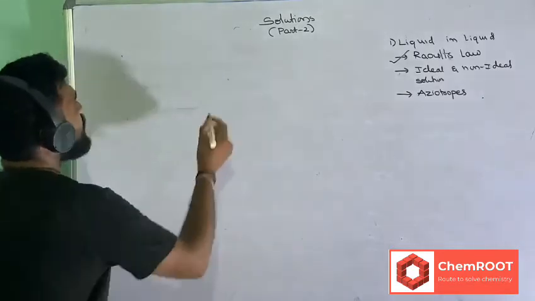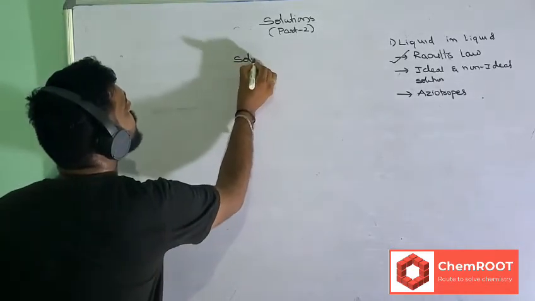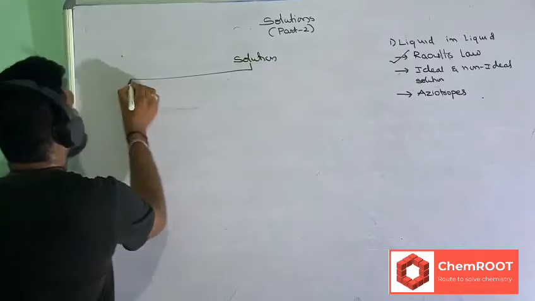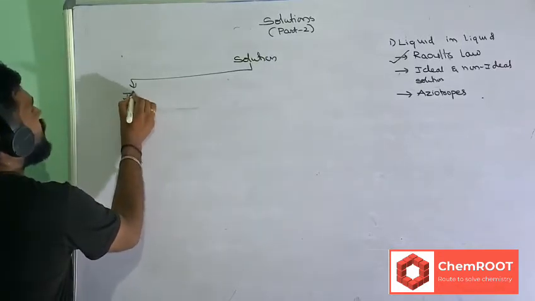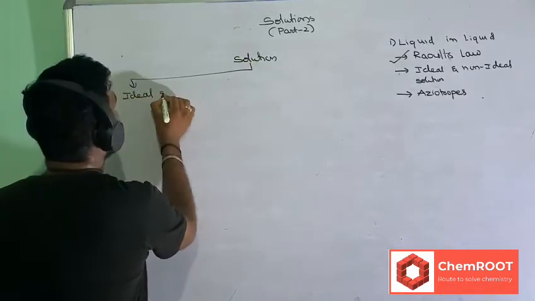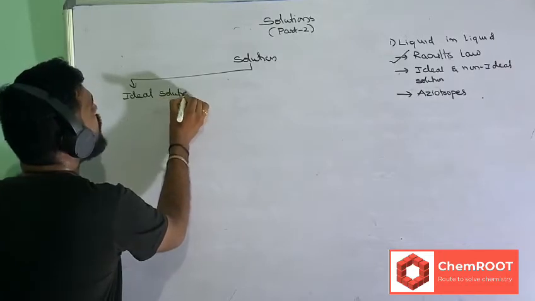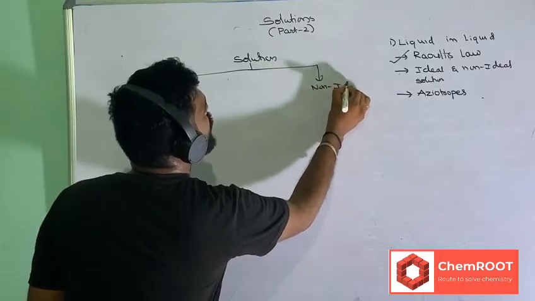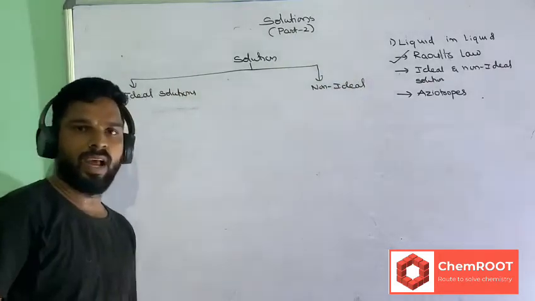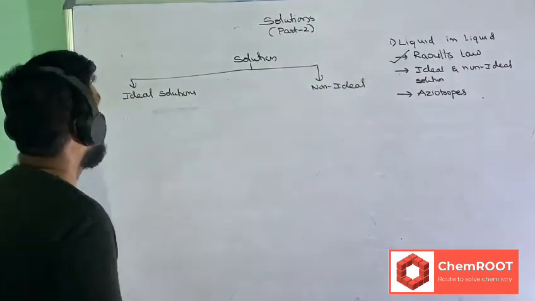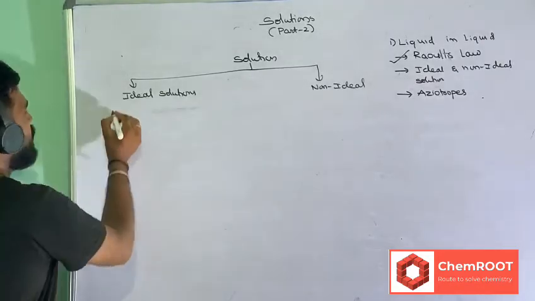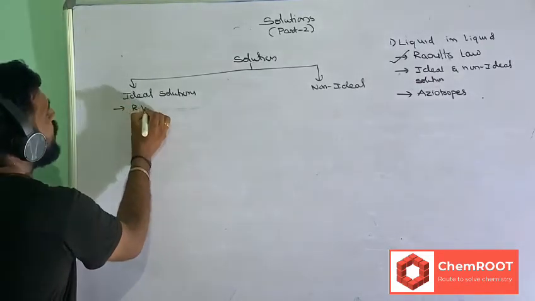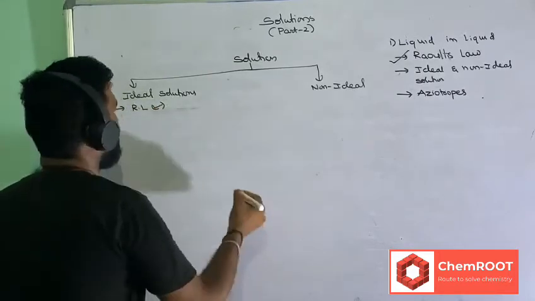If you are taking solutions, how many types will be there? Basically two types. What are the two types? Ideal solutions and non-ideal solutions. Ideal solutions, as we discussed, follow Raoult's law at all conditions.